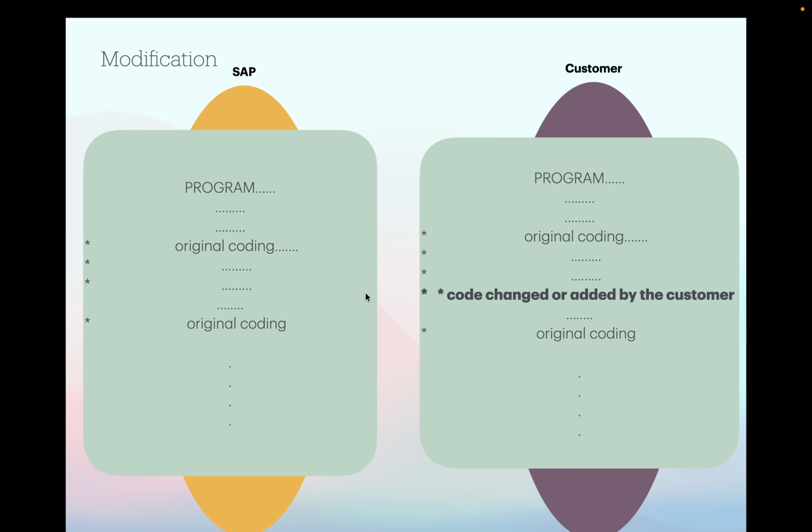This is the modification. Any direct change that you make to an object that SAP has delivered is known as a modification.